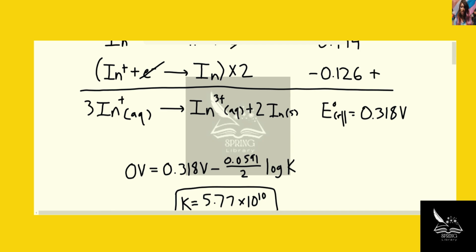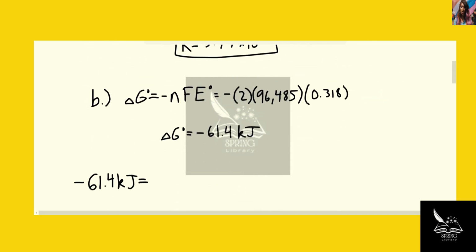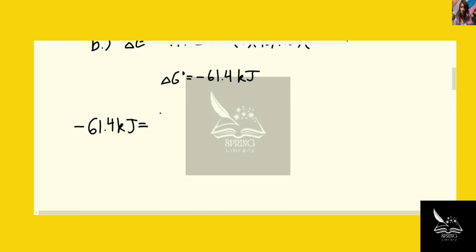So for the products, we just have the delta G of formation value of 1 mole of In3+. And we are given the value for that delta G of formation. So for the products, we just have 1 mole of In3+ times its given value of negative 97.9 kilojoules per mole for its delta G of formation.